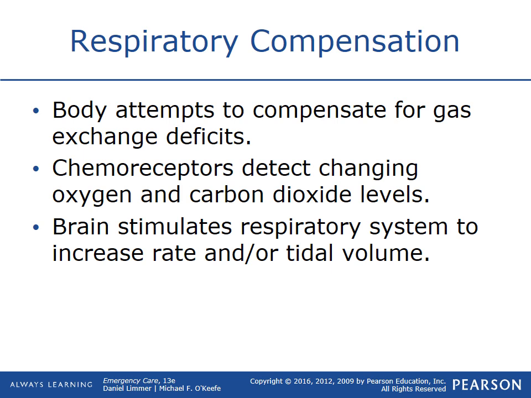These chemoreceptors, or chemical receptors, what chemical do you suppose they're detecting? Well, yeah, it's carbon dioxide for the main part. Sometimes oxygen, but it looks at our carbon dioxide levels, and if there's too much waste product circulating in our bloodstream, we'll breathe faster to try to get rid of it.